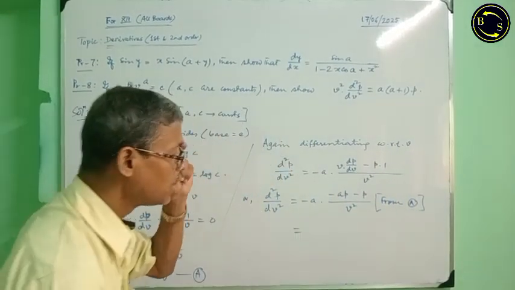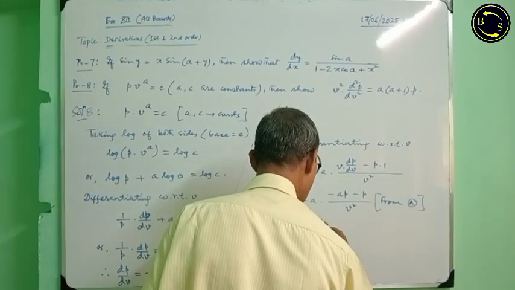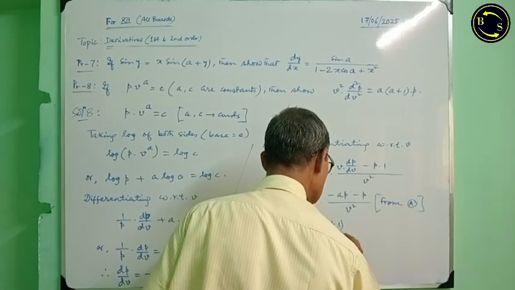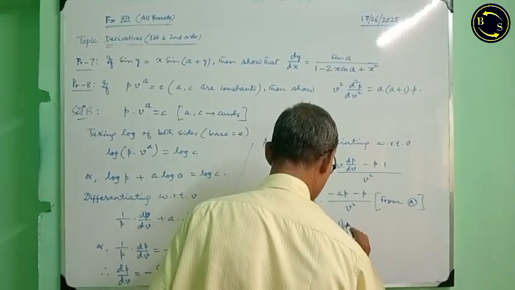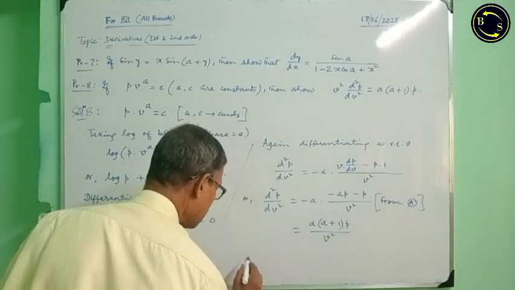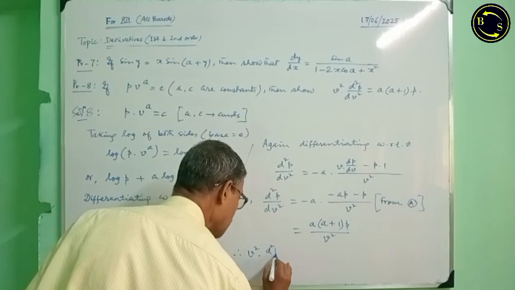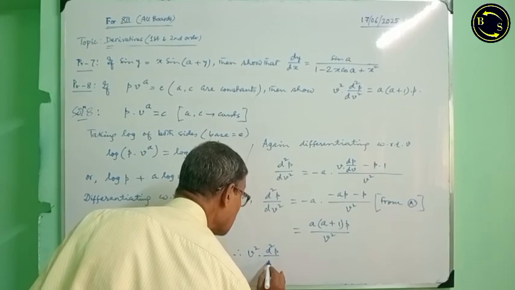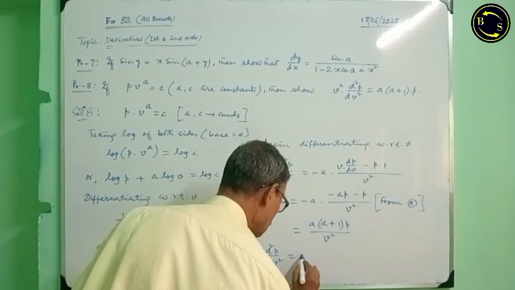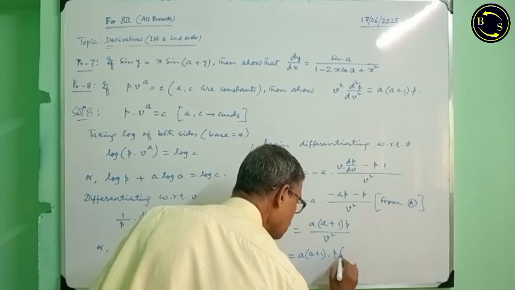Minus 1 is common factor, that means numerator a into a plus 1 p by v square. Therefore, v square into d2p/dv2 is equal to a into a plus 1 whole into p. Proved.